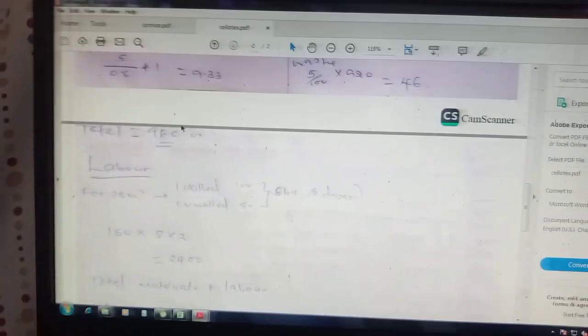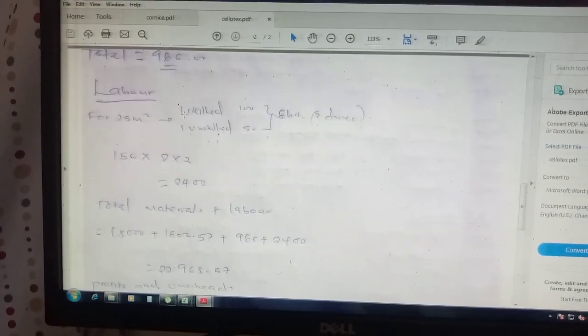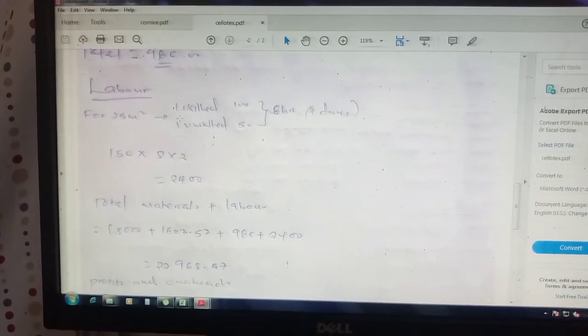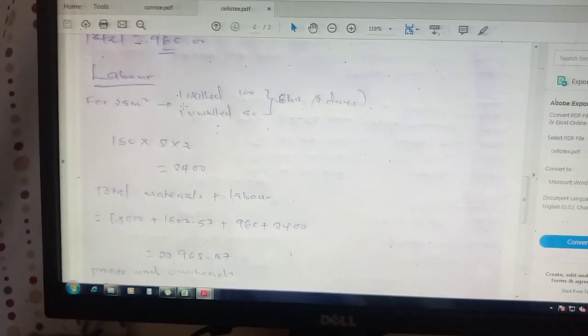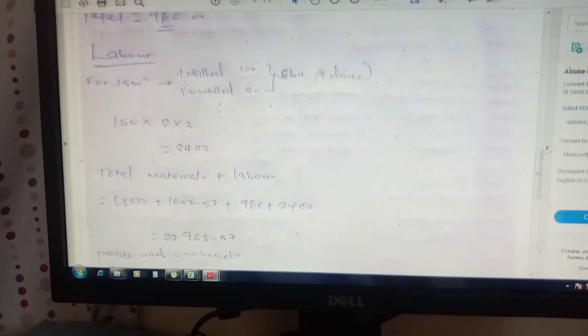Then we go to labor. For 25 square meters, one skilled and one unskilled will do that work 8 hours for 2 days. They'll work 8 hours the first day, then 8 hours the second day. So instead of writing 16 hours, I just wrote 8 hours for 2 days.